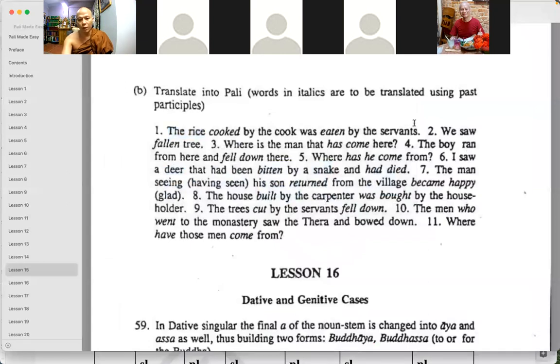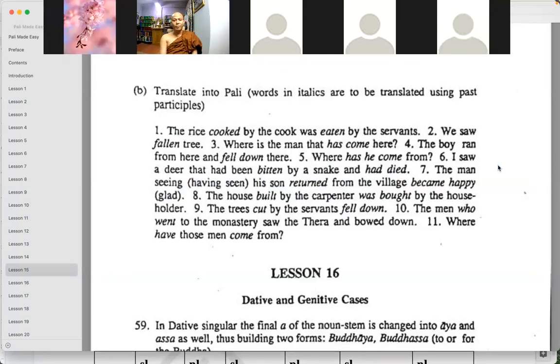Okay, number 2 is a short one: we saw fallen trees. Who will try? Okay, Hadu. Yes, Bhante, I will try. Number 2, we saw fallen trees. We is mayaṃ.